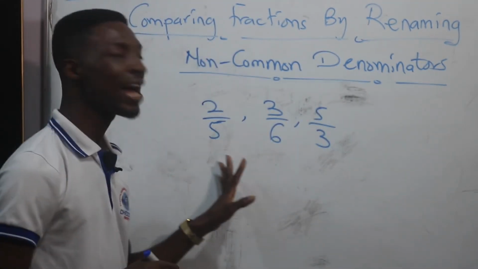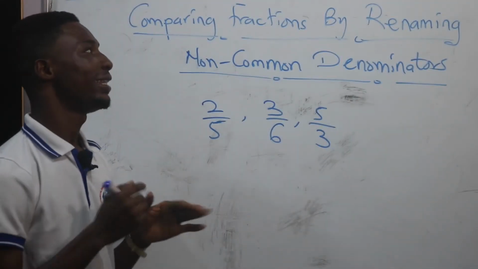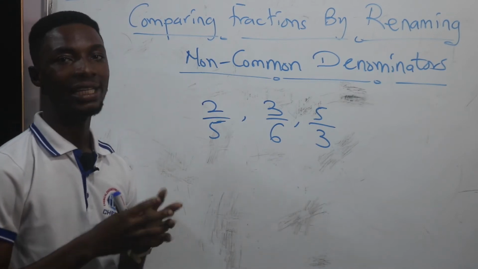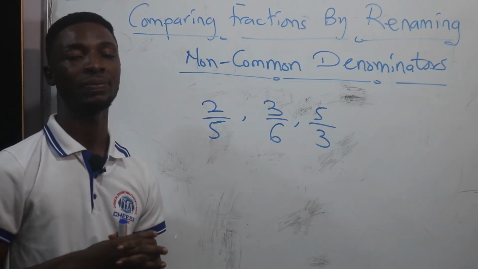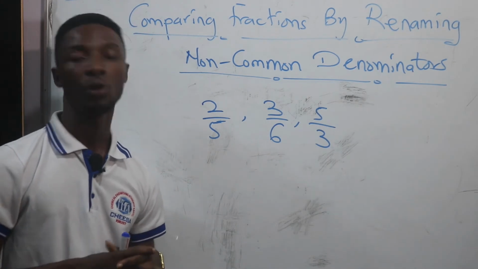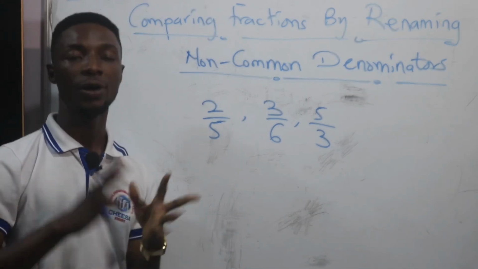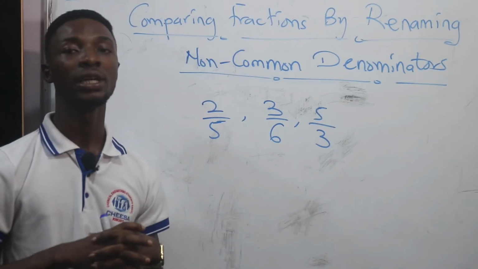When the fractions have different denominators, then we have to make sure that they get the same denominators before we can compare them. Comparison is very easy when all the fractions have the same denominator.